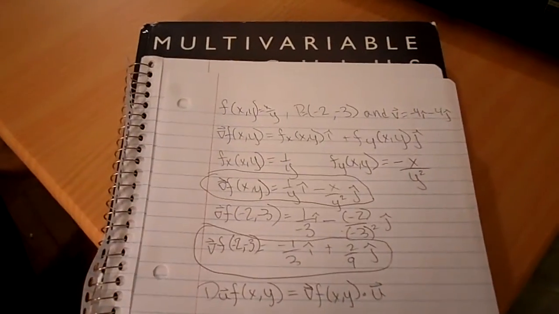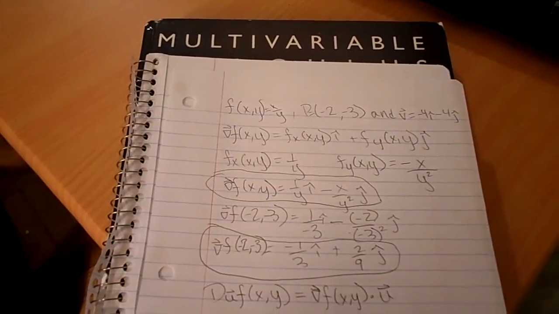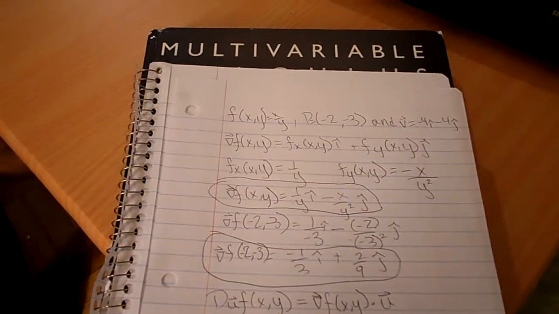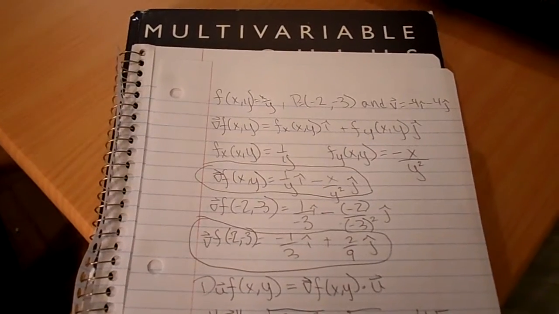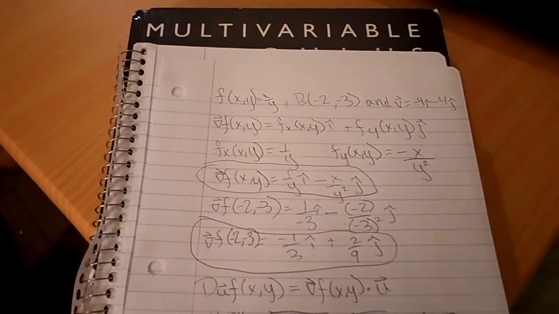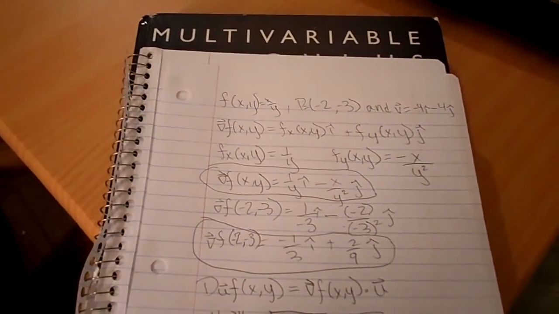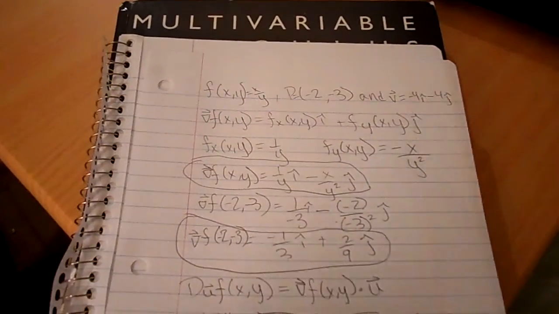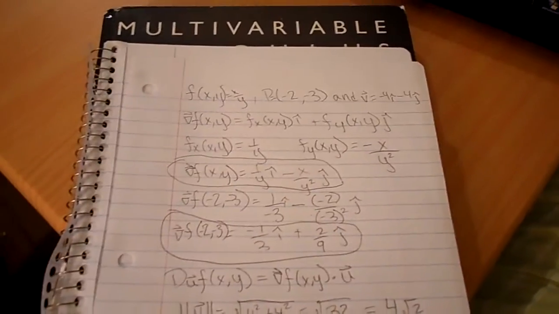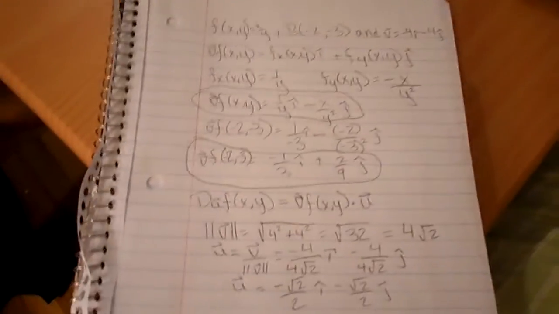The next part wants us to find the directional derivative of f at point P in the direction of v. The directional derivative is given by the gradient vector, which we already found, dotted with the unit vector of our direction vector v. So first we need to find the unit vector of v.